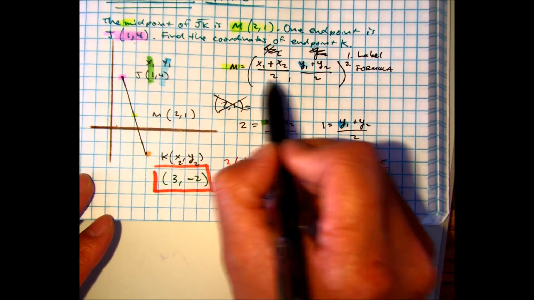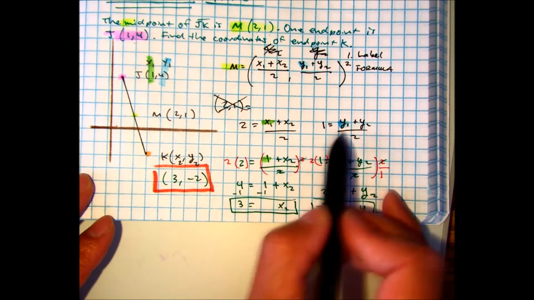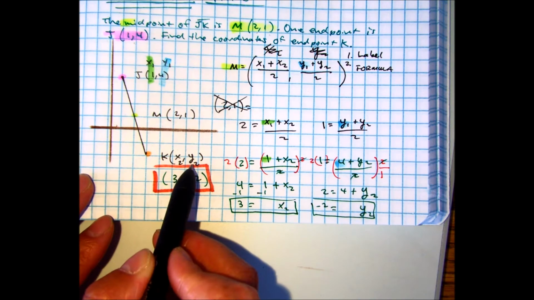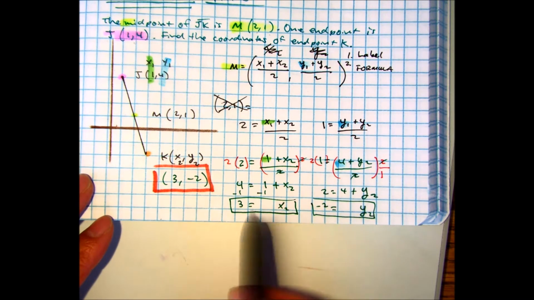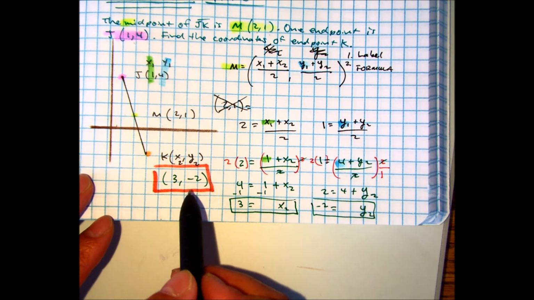I've written down the formula. I substituted in the information they gave me in blue and green. And my K value, we called it x2, y2. I love math. And I solved and got these 2 coordinates. And (3, negative 2) is my other endpoint.